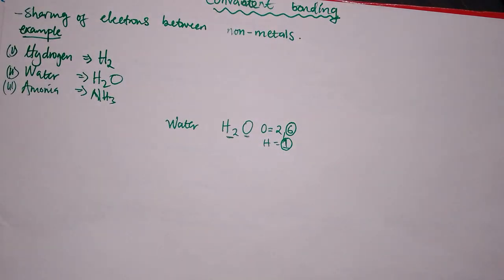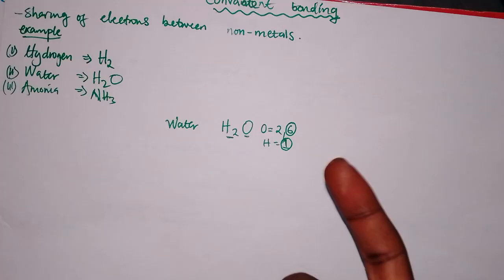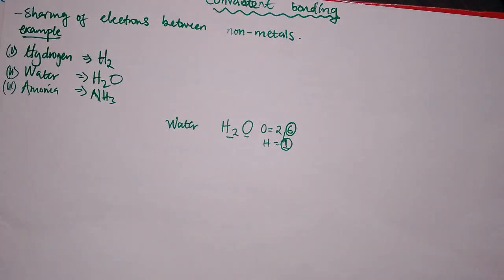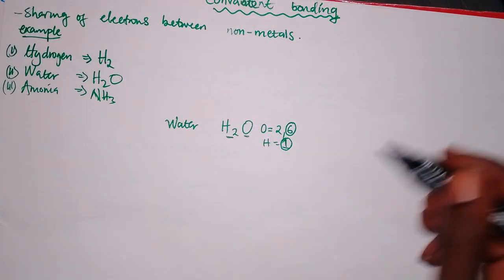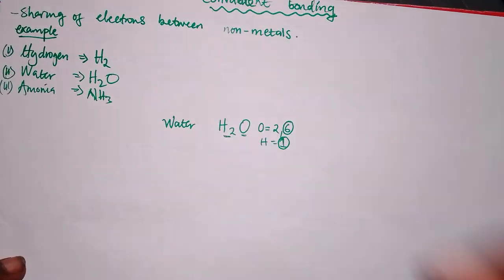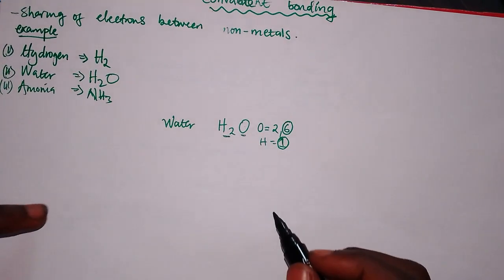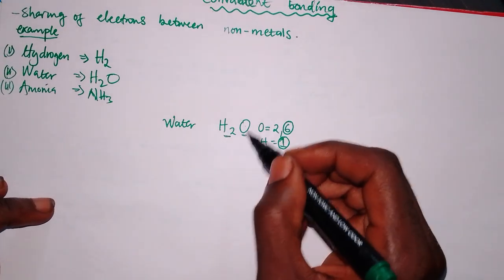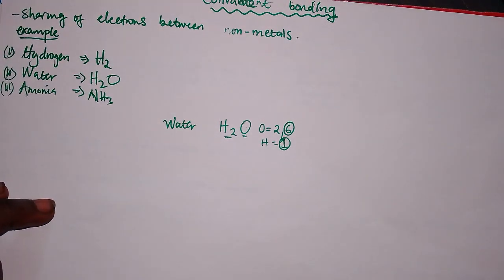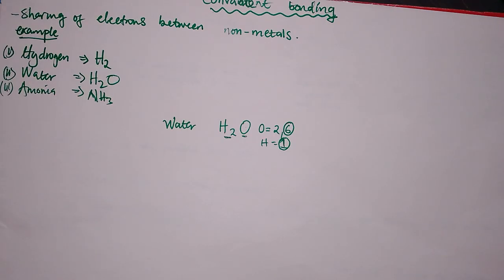After we have identified the numbers we are going to use to draw, we ask ourselves which one can be stabilized, or you can just look at the question. Here we have 2 hydrogens and 1 oxygen. So we are going to draw the oxygen, which is 1. Always start with the atom which is alone. Don't draw the 2 first.